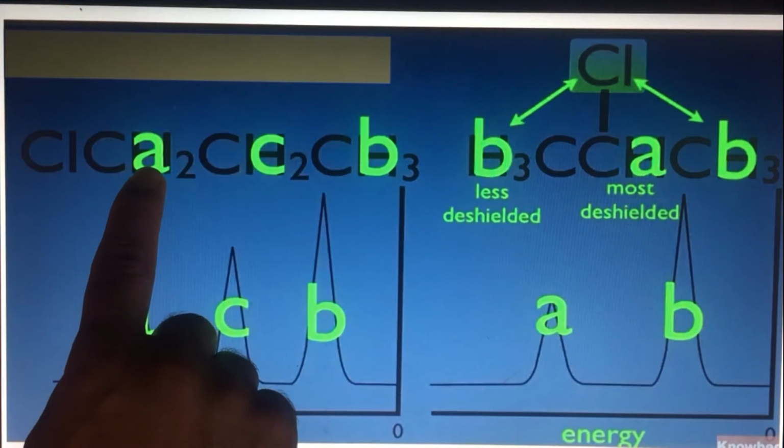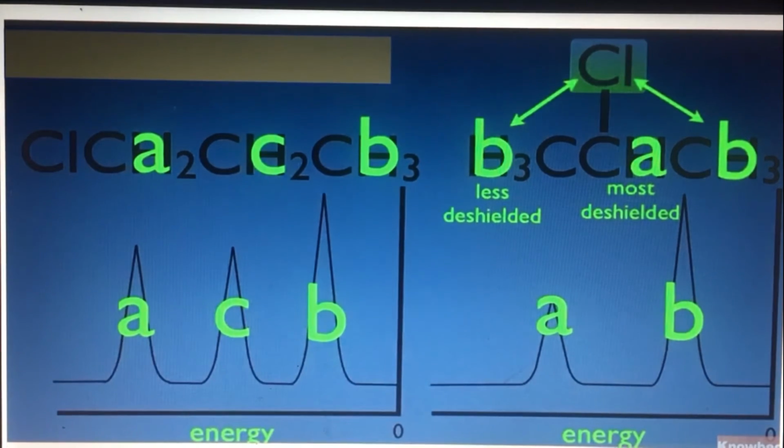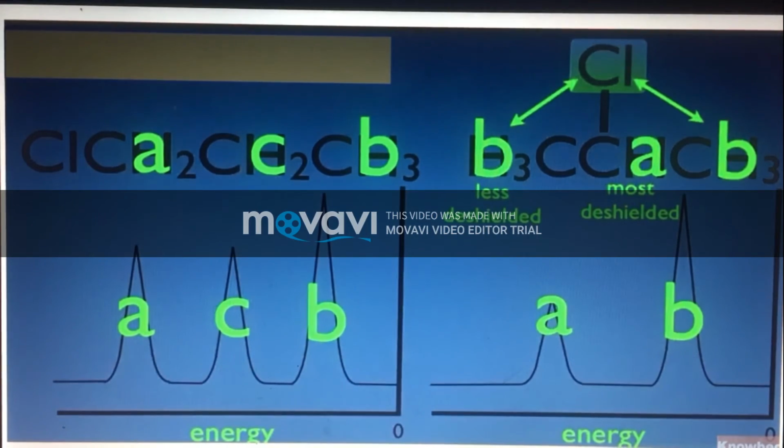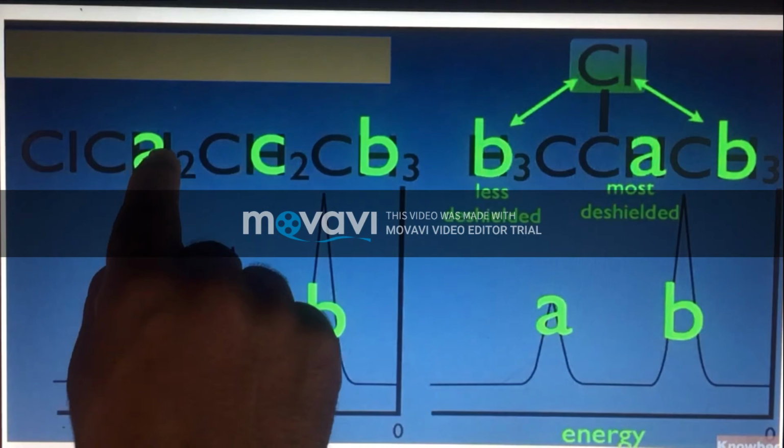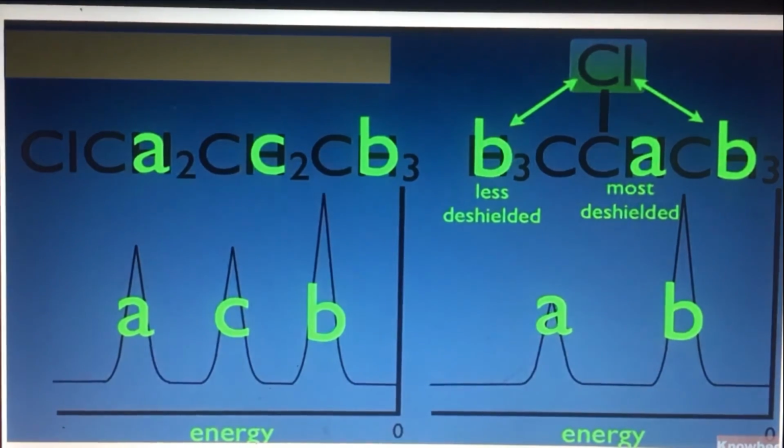This one is deshielded because chlorine is close by. Okay, if it's deshielded, the amount of energy required to put this hydrogen nuclei into resonance is more. That's why this peak will come farther away from the origin.